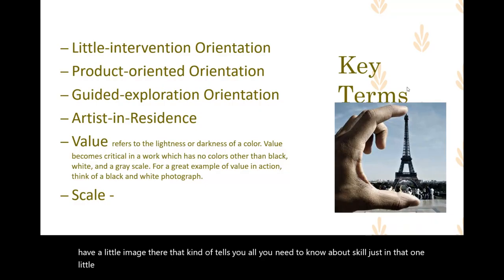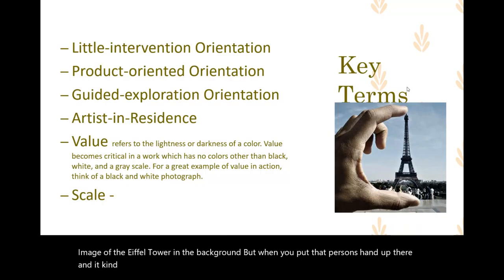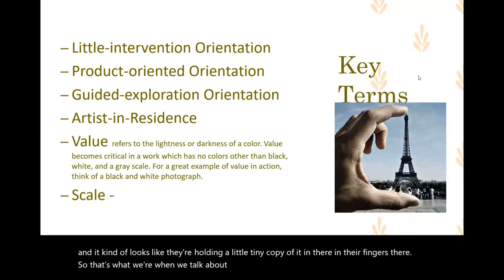You see the image of the Eiffel Tower in the background, but when you put that person's hand up there, it looks like they're holding a tiny copy of it in their fingers. So that's what we're talking about when we talk about scale, okay?